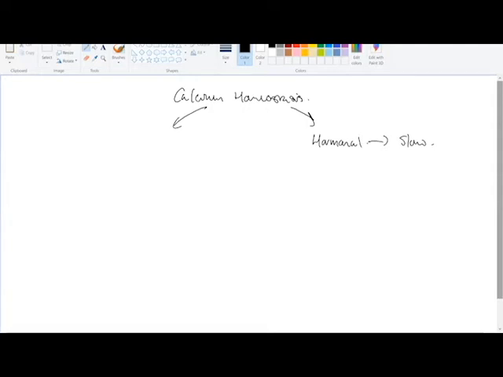I'll tell you what, let's get rid of this. I'll do this over here. We've got parathyroid hormone, which is going to be something that we're going to talk about an awful lot.